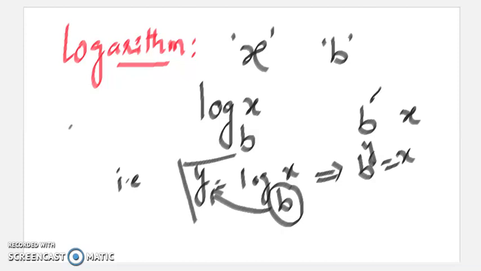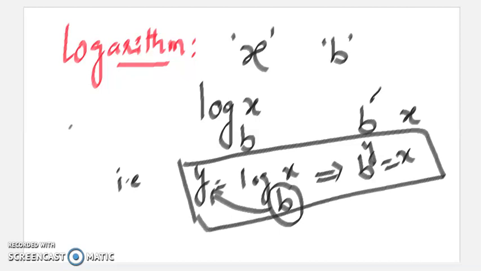This is the definition of the logarithmic function. All of you observe, if y is equal to log x with base b, then this logarithmic function can be calculated by transforming it into the exponential function.